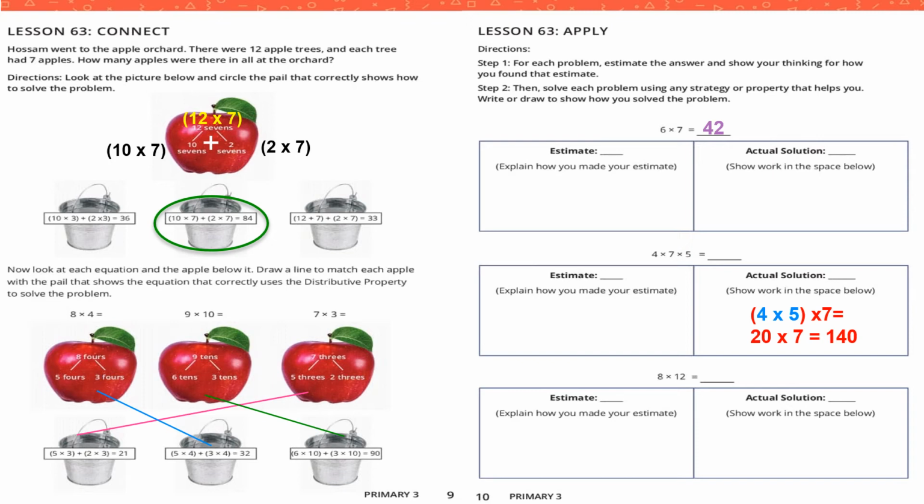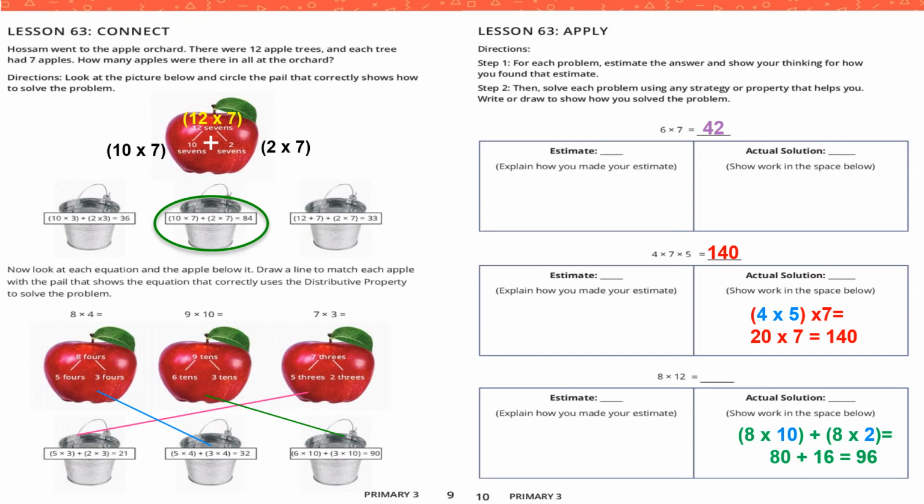Which property can I use? I can use distributive property. I can split this 12 into 10 and 2. So 8 times 12 equals 8 times 10 plus 8 times 2.